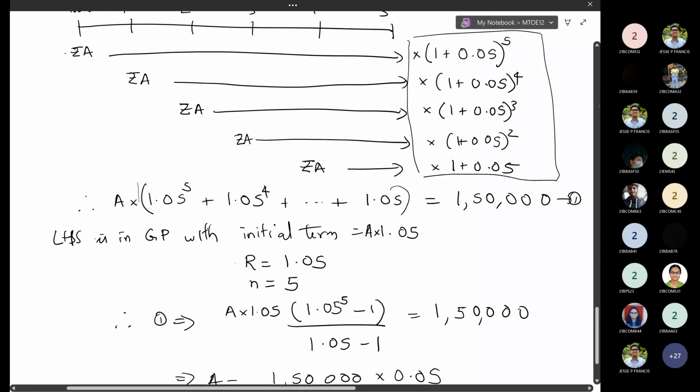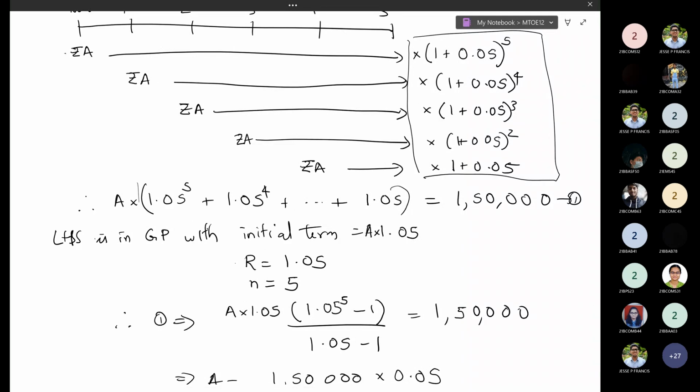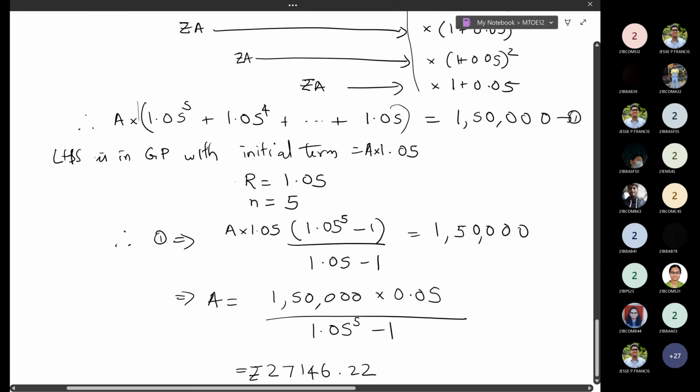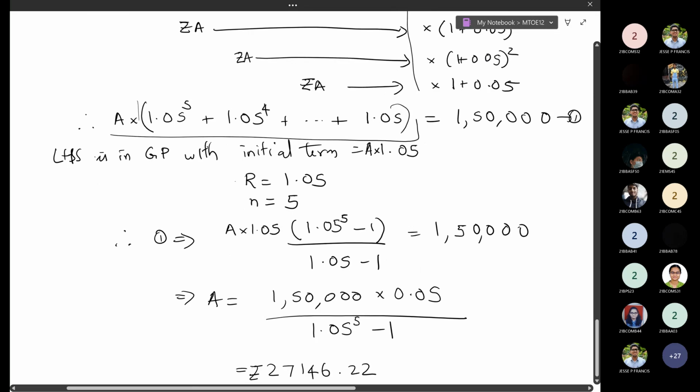This is the interest obtained in various years for recurring investments we are making, various months. First month's investment is going to give a return of A into 1.05. That's why this particular expression came up.